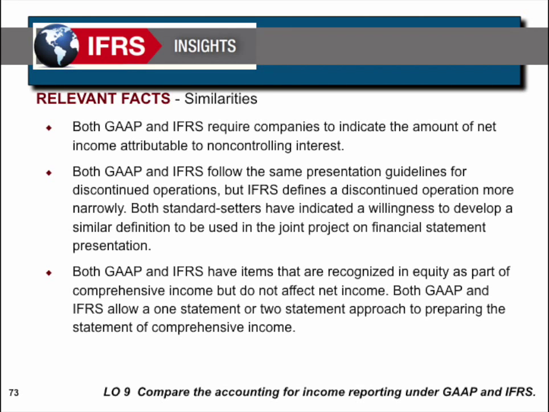Both standard setters have indicated a willingness to develop a similar definition to be used in the joint project on the financial statement presentation. Both GAAP and IFRS have items that are recognized in equity as a part of comprehensive income but do not affect the net income. Both GAAP and IFRS allow a one-statement or two-statement approach to preparing the statement of comprehensive income.